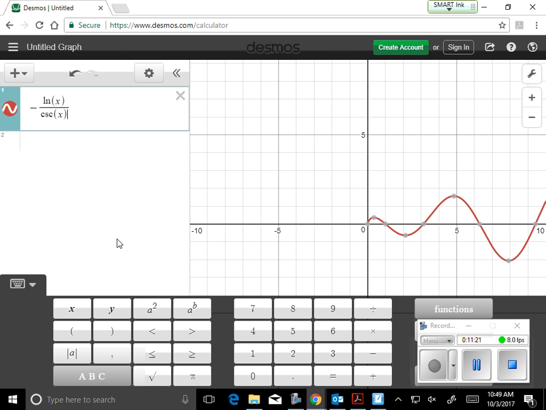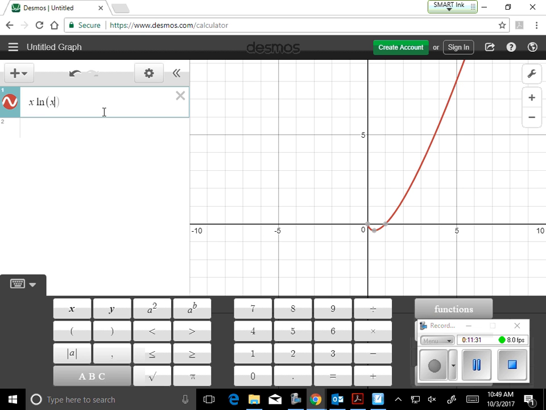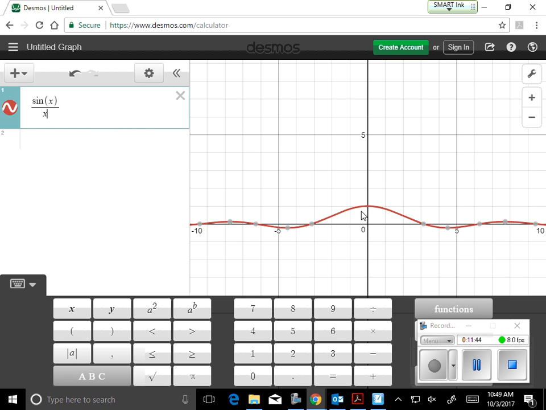As it approaches 0 from the right, look at that. It approaches 0. So if I looked at the next example, which is x natural log of x, that answer is 0 as well. If I wanted to see sine of x over x, we know the answer to that. That's 1, right? Look at that. It approaches 1 as you approach 0.